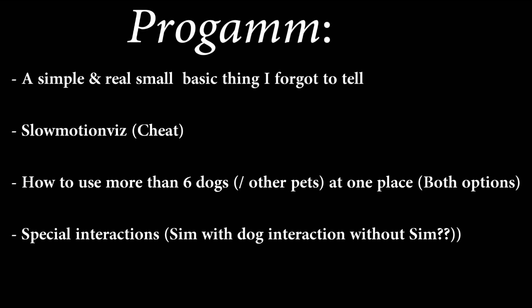A question I get a lot: how to use more than 6 dogs or order pads at one place, and there are more options for it, so I'll show them both. And special interactions, like some interactions you can only do with a sim and a dog, but how can you do that without the sim showing up in your game? Or when you're recording, how can you get the sim away so you do not see the sim and you can make the dog do that certain interaction you want?